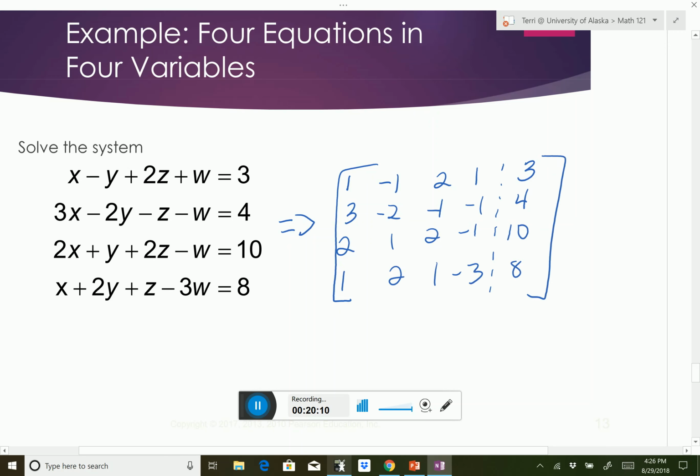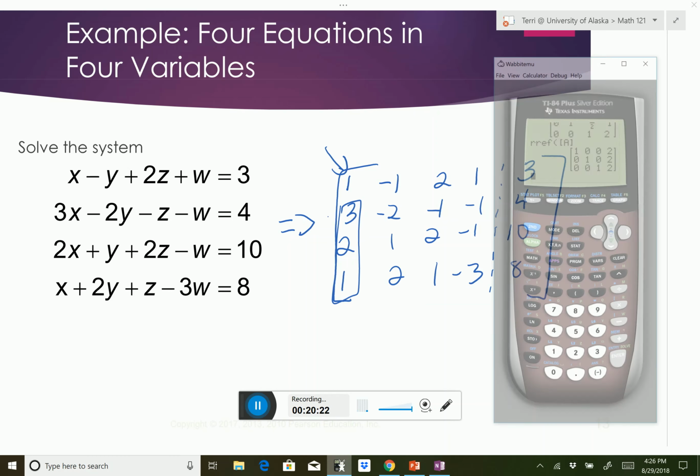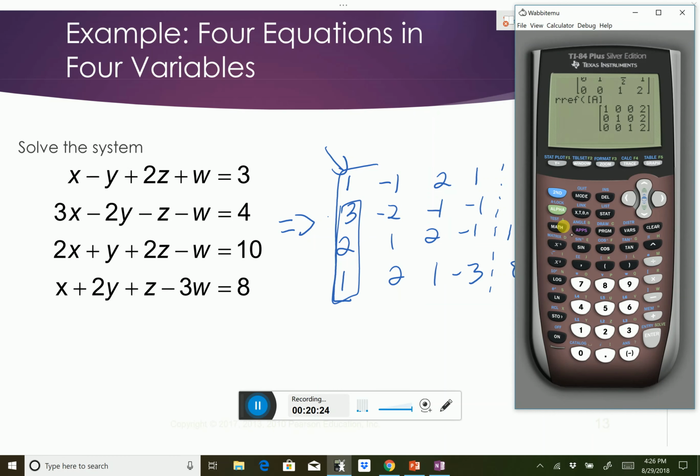Okay, now my first one is 1. I would have to make all 3 of these equal to 0. Or I can even make this a little bit easier. I can actually say, wait a second, why don't I do this?